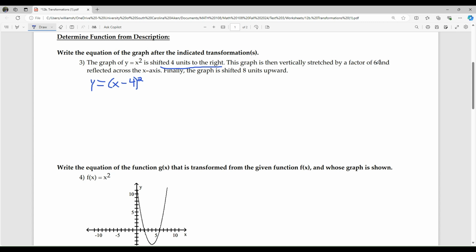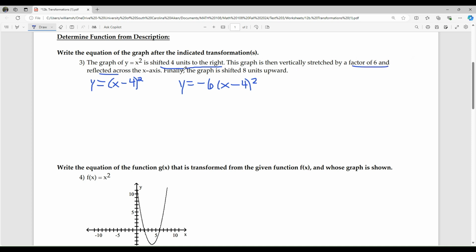So that means I need to multiply by 6, but it needs to be a -6 because I'm reflecting across the x-axis as well. So it should look like y equals -6 times (x minus 4) squared. Okay, that takes care of this piece.